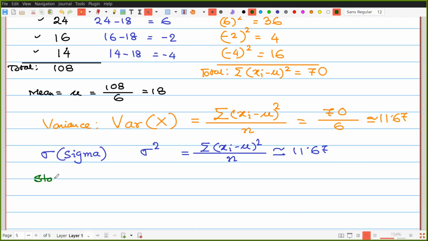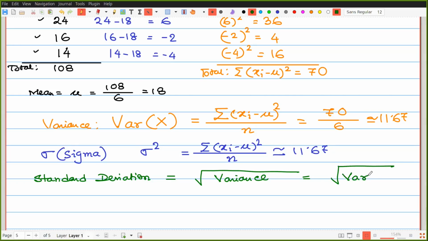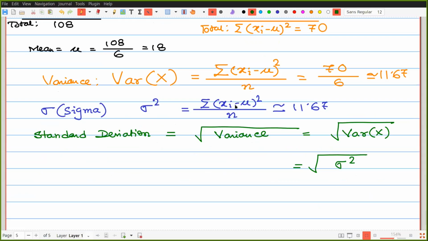Now, what is the standard deviation? Standard deviation is the square root of variance, or square root of var x, or square root of sigma square, or square root of summation of xi minus mu whole square divided by n.